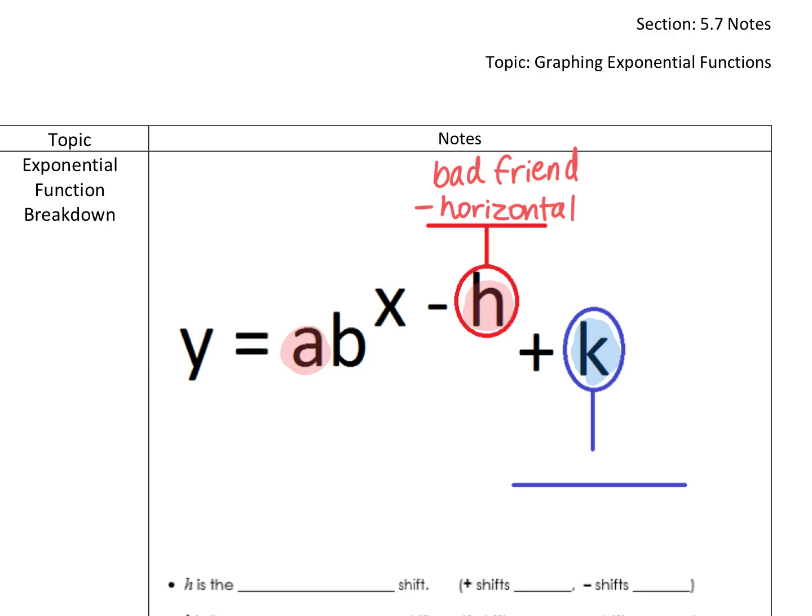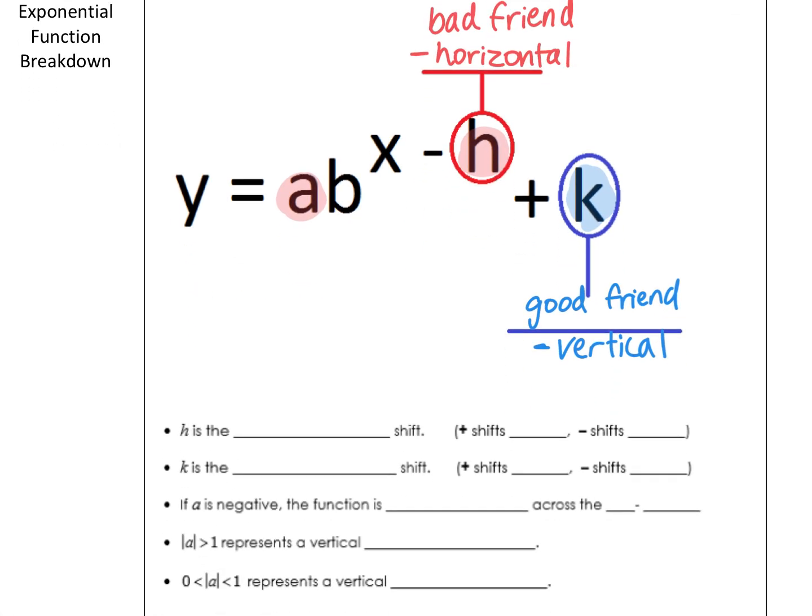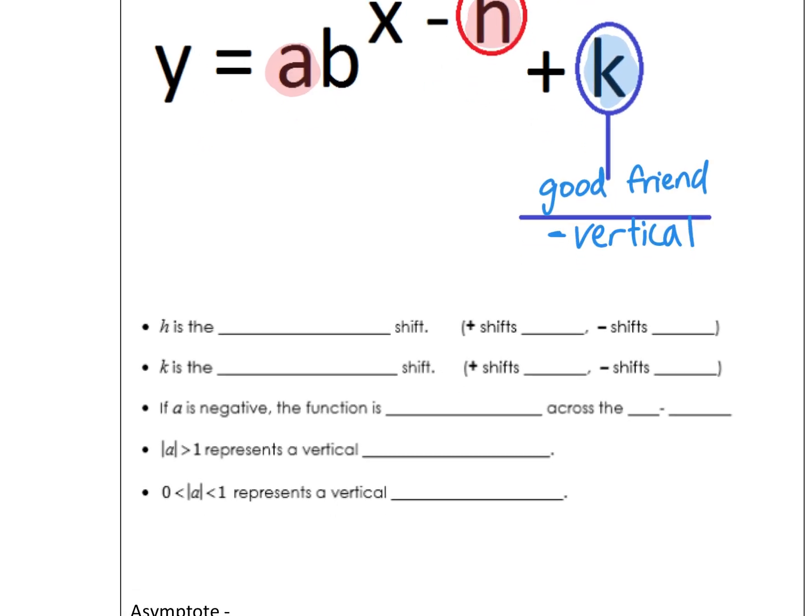Then we talk about K, and K's my good friend. Yay. And he's vertical. And then A is just that friend in the front. He's got a lot going on, so we'll talk about him when we fill this out, okay?